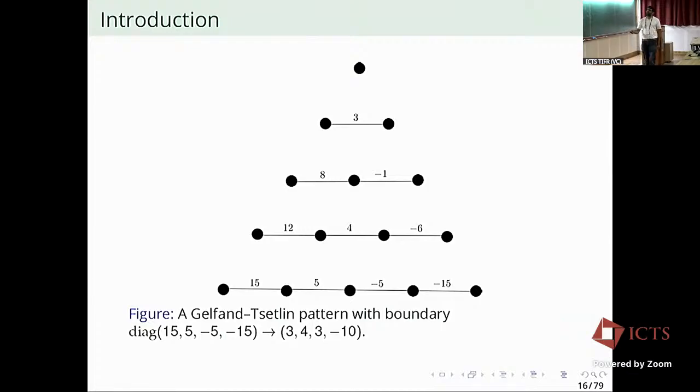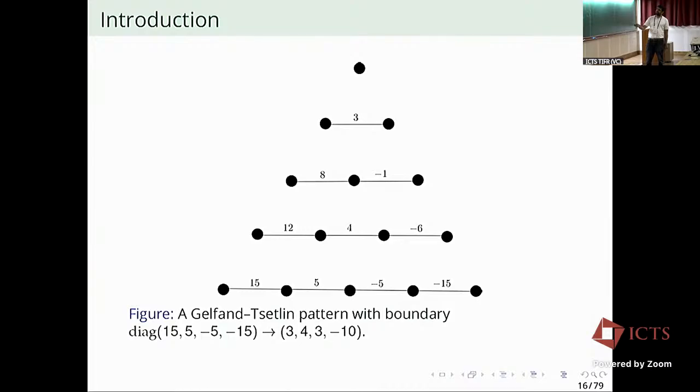So how does it certify this? The constraints that need to be satisfied are, firstly, that this bottom row has to be 15, 5, -5, -15. Every successive row has to interlace the previous one, and because the traces have to work out right, the sum of the entries of this minus the sum of the entries of this has to be -10, and we see that this sum is 0, this sum is 10, so this minus this is indeed -10.